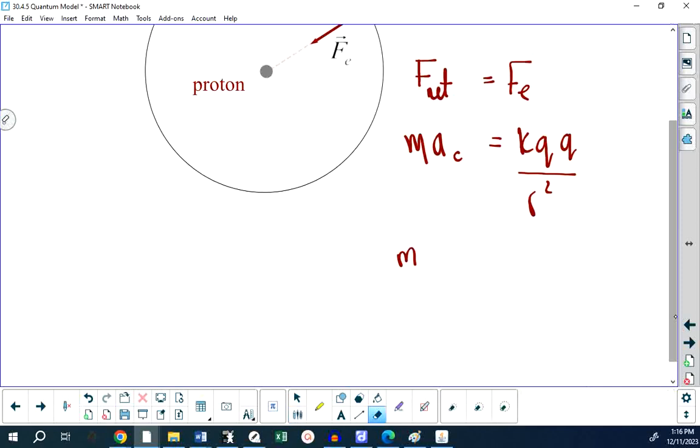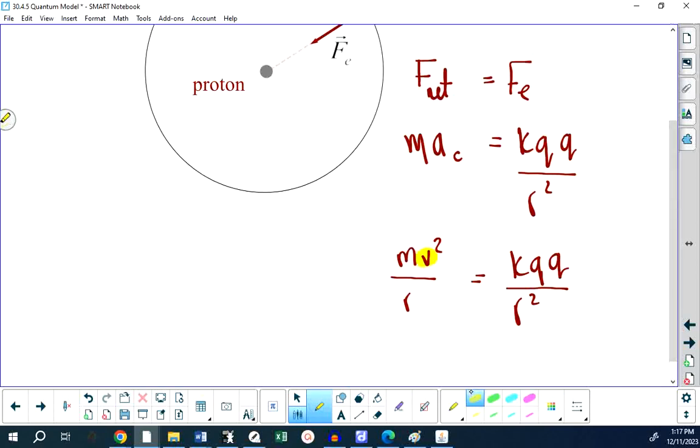So we're going to change the centripetal acceleration to v squared over r. And let's forget about the math for a second. Let's look at the formula that has physics in it. You're trying to find that speed. So going left to right, do you know the mass of the electron?